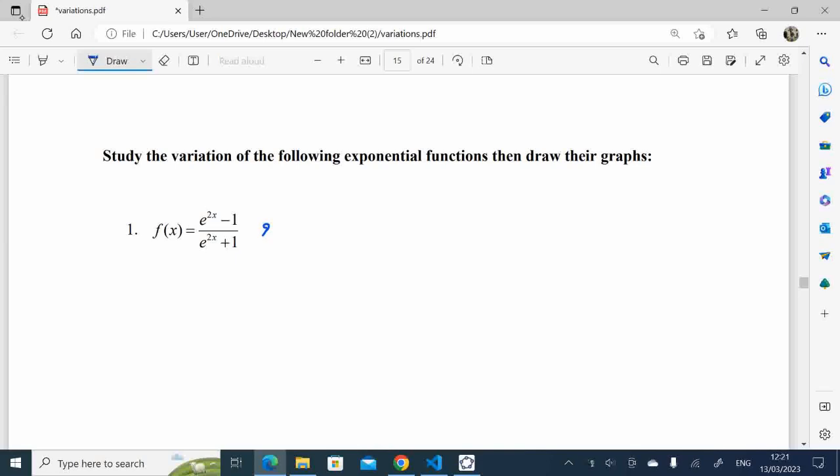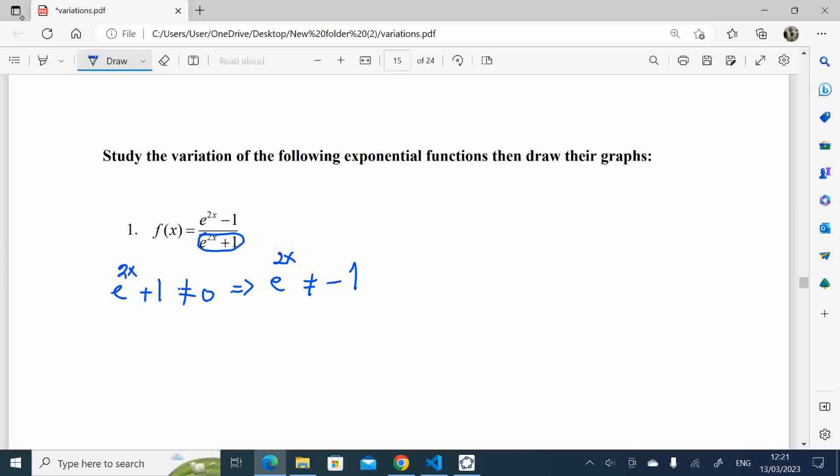The first step is to determine the domain of the function. In order to determine the domain, we have to set the condition. My condition here is the denominator shouldn't be 0, so e^x + 1 ≠ 0, which means e^x ≠ −1.